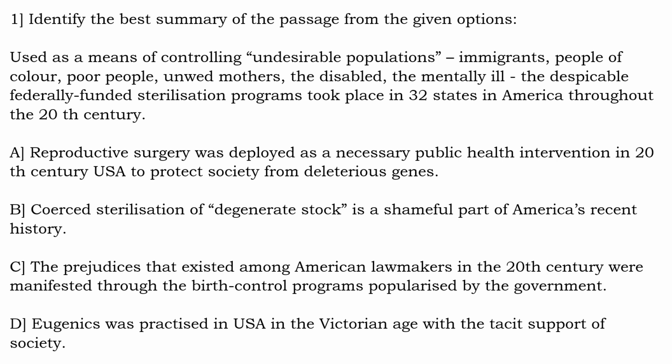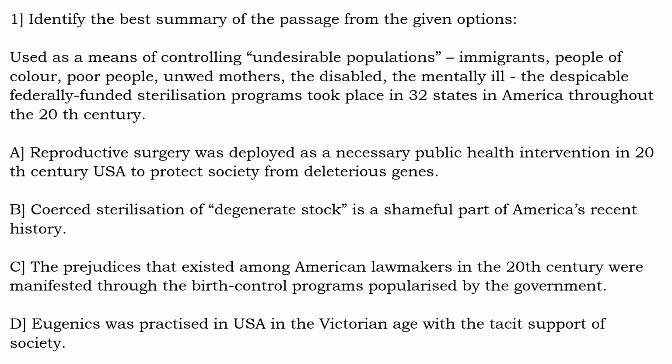So such population, in order to reduce the number of such people in the society and to control their numbers, this despicable federally funded sterilization program. What is despicable? Something that is to be hated, something that is needed to be held in contempt, that is called a bad program. So in effect, despicable means anything that is bad. So a bad government funded sterilization program took place in 32 states in America in the 20th century.